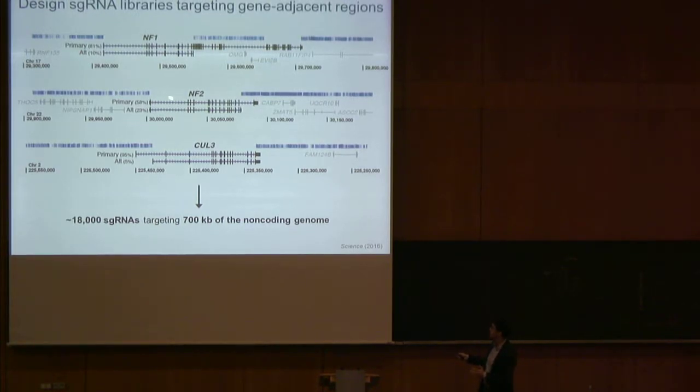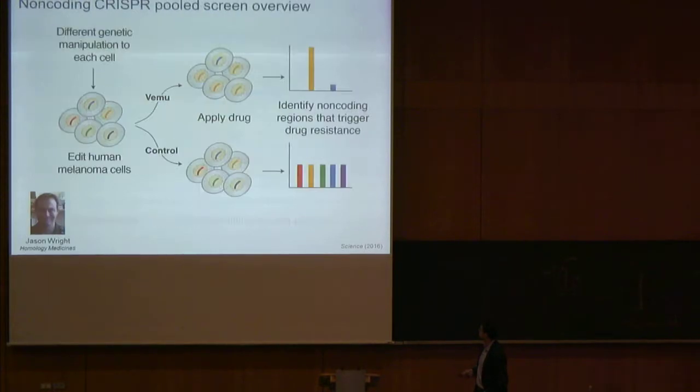We looked about 100 kb 5' of the transcription start site, and 100 kb 3' of these genes. We didn't do anything very intelligent to design these libraries. We selected every single piece of the genome that we could target with the Cas9 enzyme. In the end, we had about 18,000 guide RNAs targeting up to about 1 megabase of the non-coding genome. And I'm just going to focus on one of these, this gene called 3.